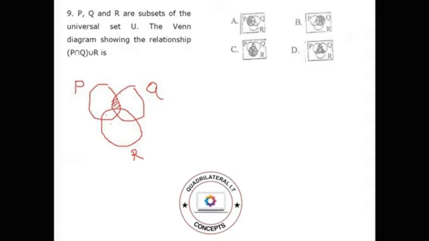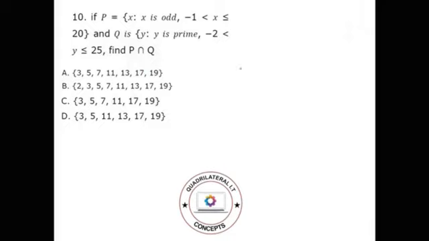With R. So since we have identified P intersection Q, the next thing we need to do is union R, which means we need to include all of R. So this is all R. Now, if you look at this image and look at your options, you can see that the only one that represents it is option C, which is the correct answer.